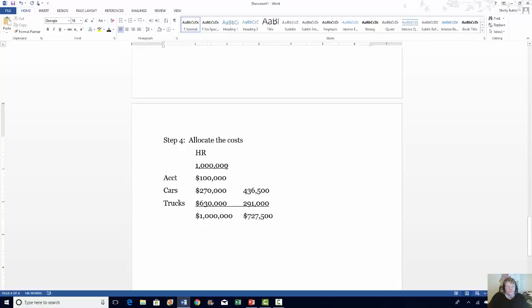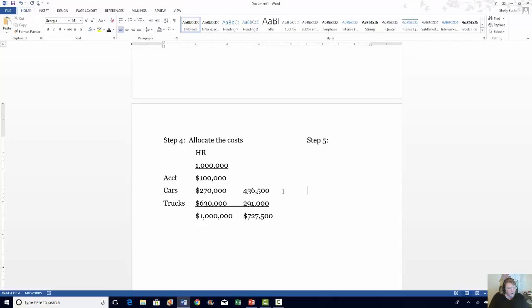So now for step 5, I'm going to have to tab over here. Step 5 is to add up your service costs for these departments. So I guess we'll start with accounting. Nope. Accounting has already been allocated to these.